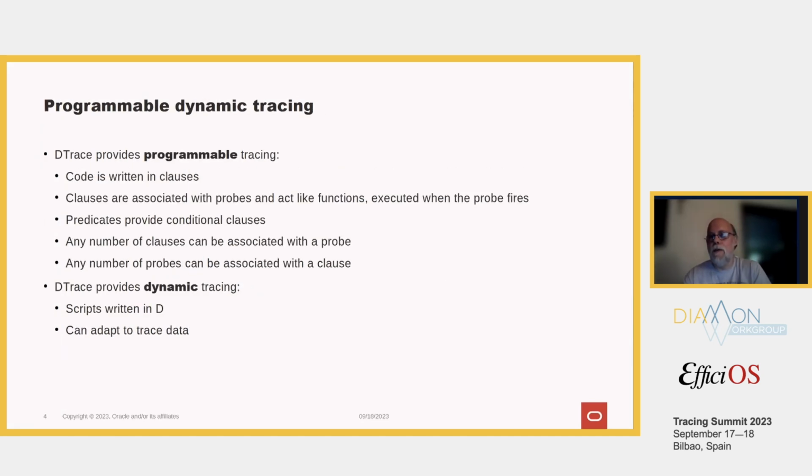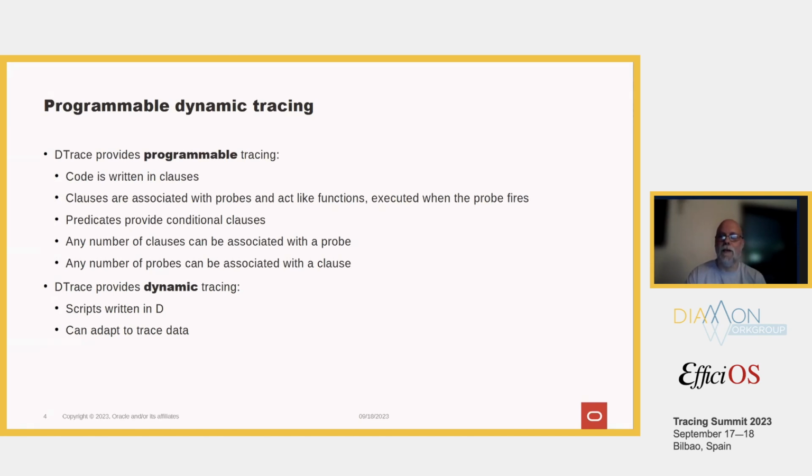So with programmable dynamic tracing, we're really looking at code written in clauses, code that is going to be associated with probes and essentially acts like functions. Whenever the probe fires, this code that we specified is going to run, and we can add conditional clauses through predicates, and you can really combine everything.